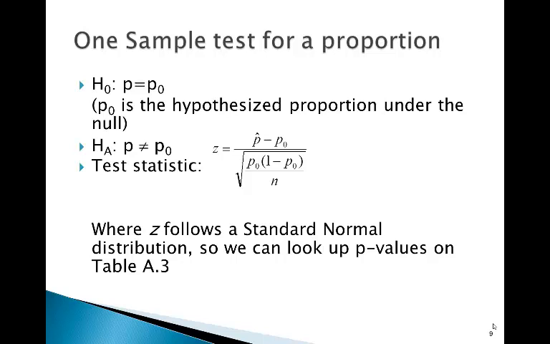Our test statistic is a z value that's calculated as our sample value, p hat, minus the hypothesized value, p naught, divided by the standard error. This quantity follows a standard normal distribution, so we can look up our p-values on table 8.3.